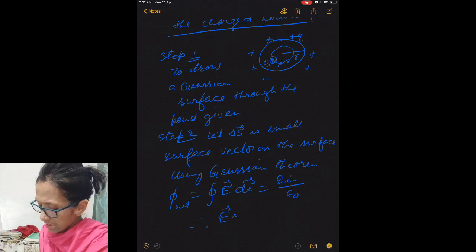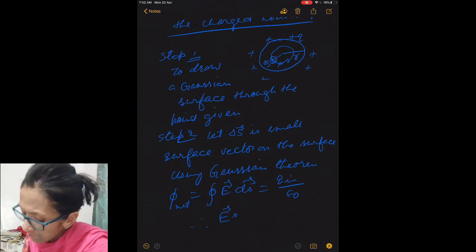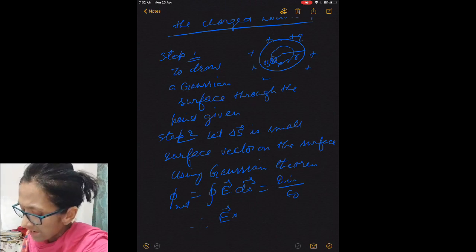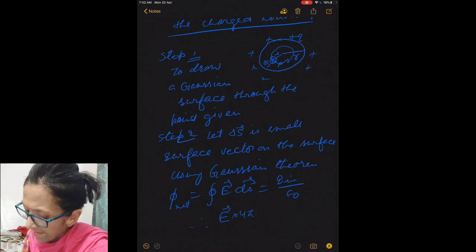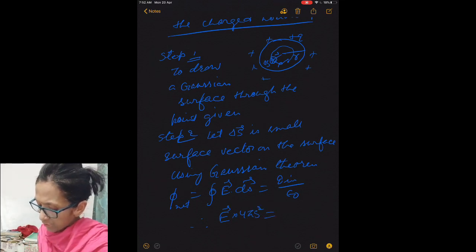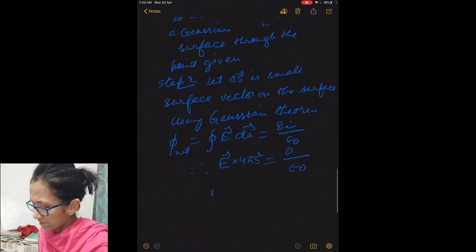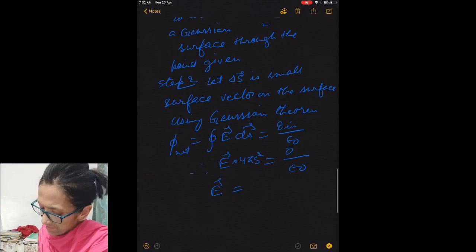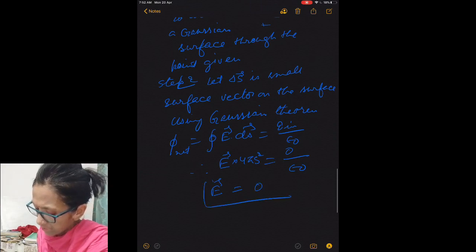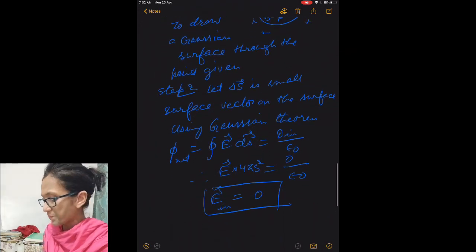Therefore, E into, suppose Gaussian surface has radius vector s, so it is equal to 4 pi s square, and the Q enclosed is 0. So we can see that electric field becomes equal to 0 only. So electric field inside is equal to 0.